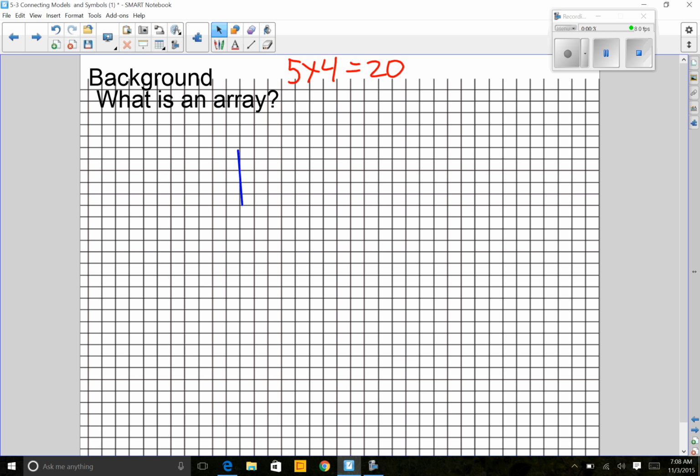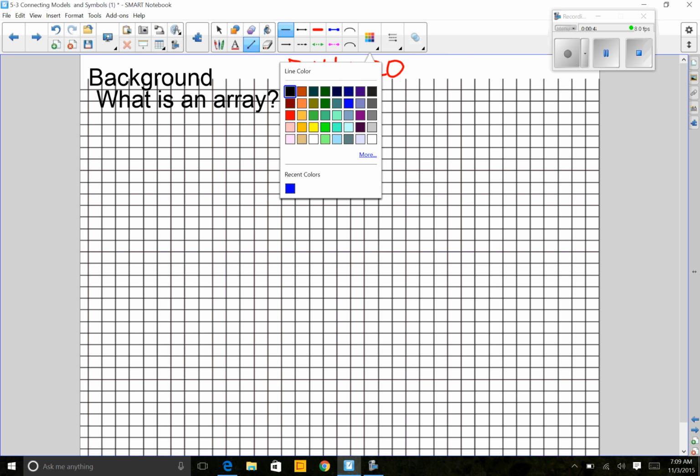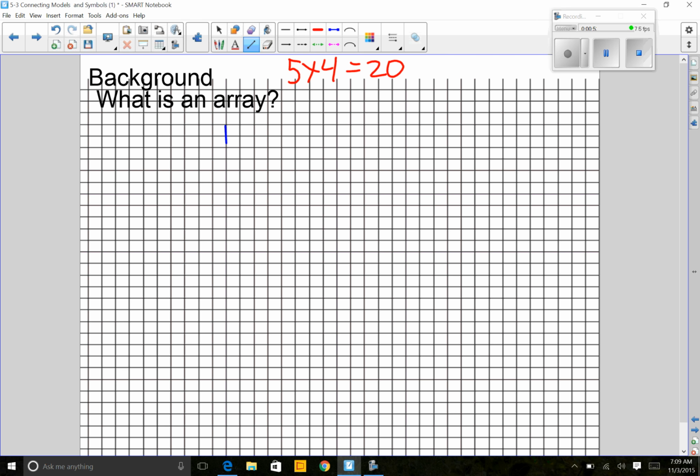Straighten up my line here a little bit. One, two, three, 4, 5. There we go. So there's my 5. And then in the other direction, I'm going to have to go 4, right? 1, 2, 3, 4. And then I'm going to connect them.